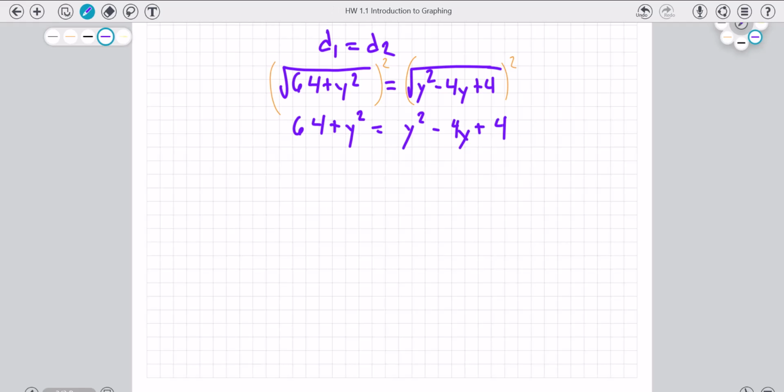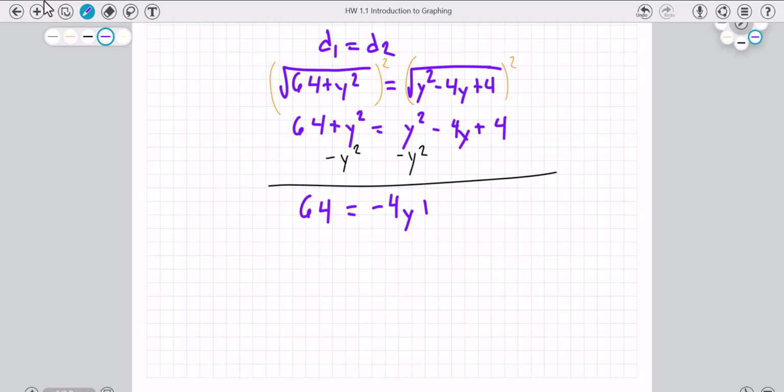And what I want to do is solve this for y. Well, it looks like the y squares are going to cancel out. That's beautiful. So that leaves me with 64 equals -4y plus 4. I could subtract 4 on both sides, and then I get 60 equals -4y.